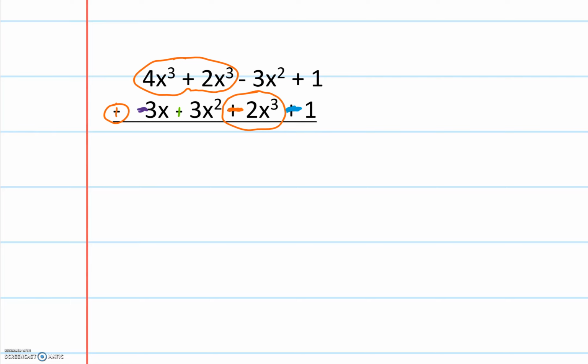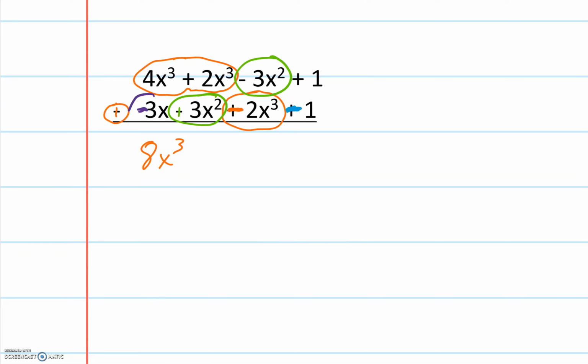But now that we've done that, well, now we can just add. So 4 plus 2 is 8x cubed. And then we have negative 3 and a positive 3, which will equal 0, so we don't actually even have to write it.